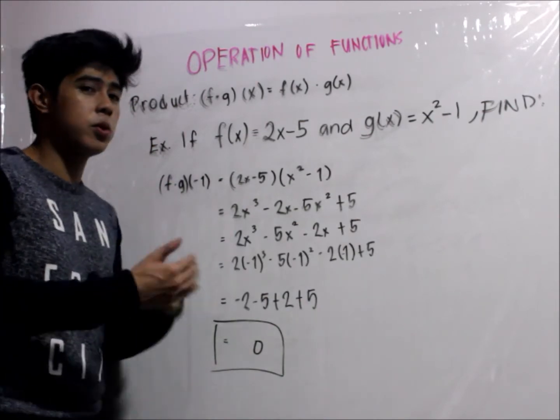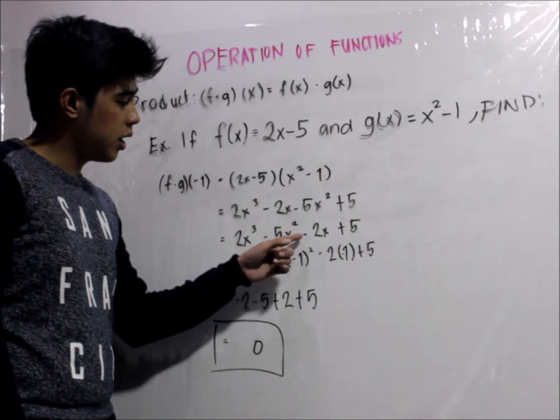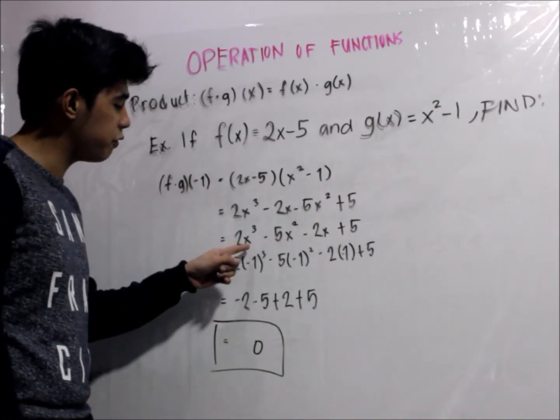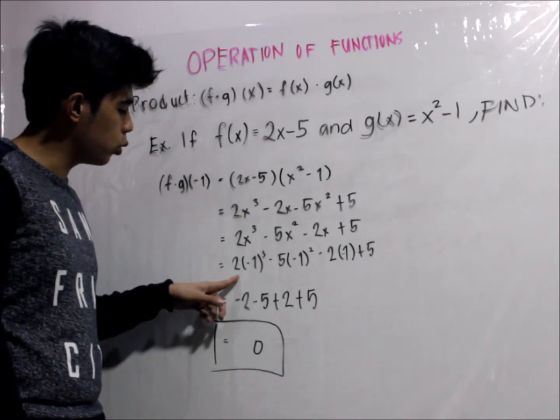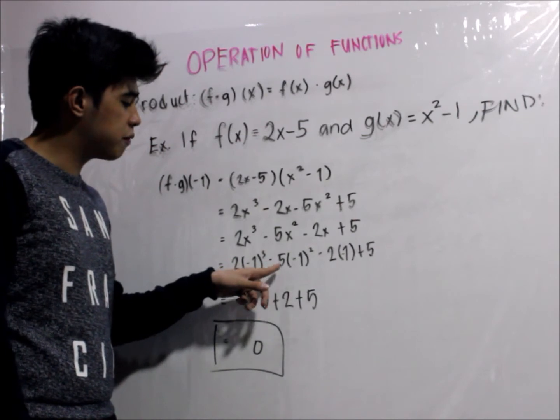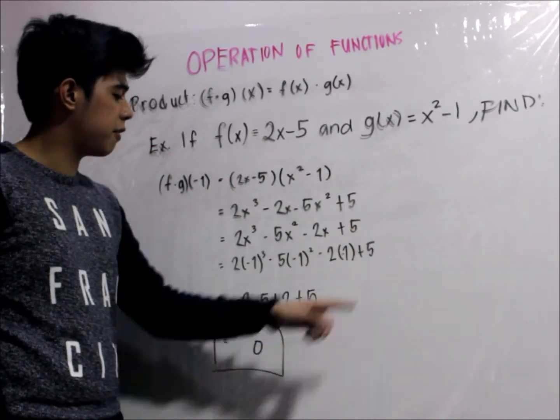And then we will rearrange it, so it will be 2x cubed minus 5x squared minus 2x plus 5. When this happens, we will now change the value of x into negative 1 to have 2 times negative 1 cubed minus 5 times negative 1 squared minus 2 times negative 1 plus 5.